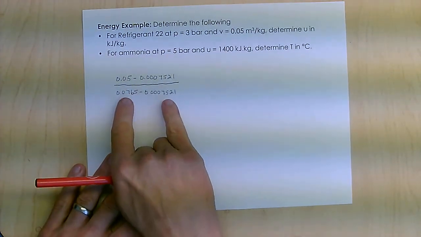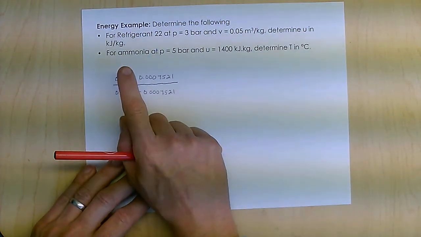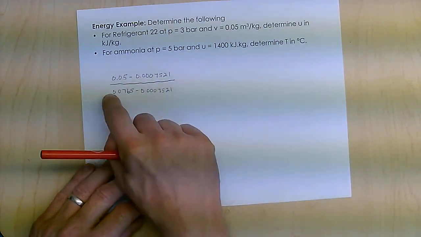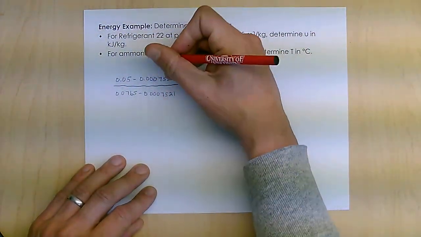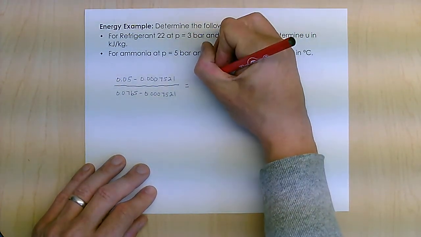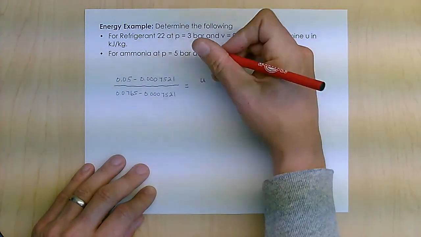This is the volume I'm at versus the saturated liquid. So basically, how far in between these two I am is the same as how far in between I am with my U values. My unknown U value corresponds with the 0.05.